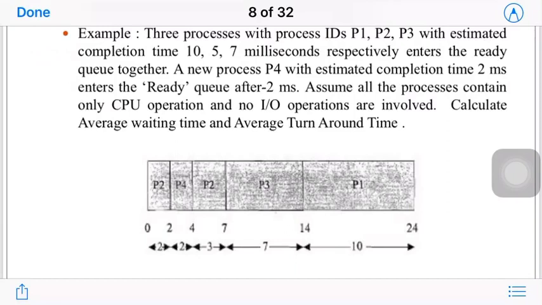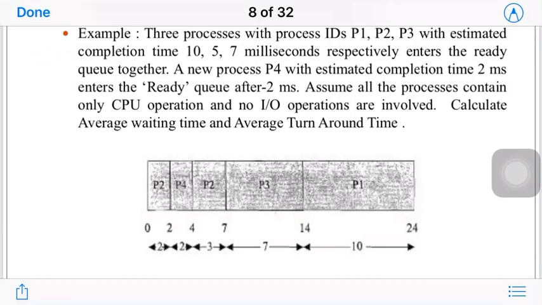We are discussing shortest job first, meaning the process which is going to take lesser time will get the first chance to use the CPU. So now we have first P1, P2, P3. P1 takes 10 milliseconds, P2 takes 5 milliseconds, P3 takes 7 milliseconds. So initially we have only these three.